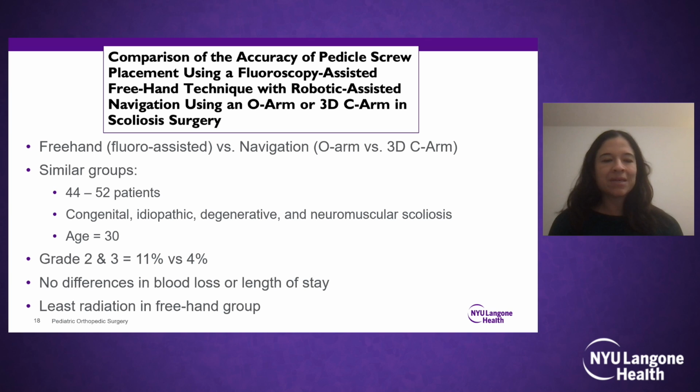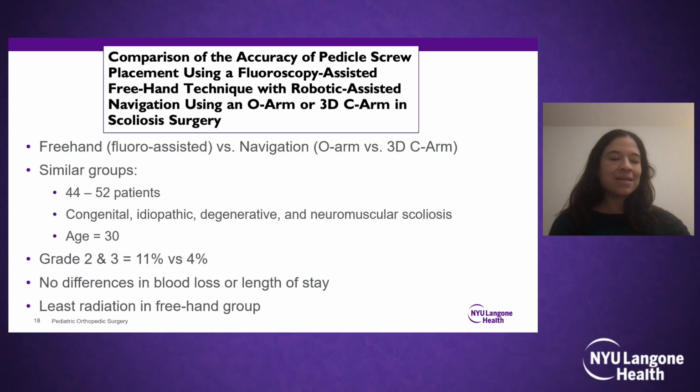And importantly, they looked at a wide range of scoliosis patients from different etiologies. And they found that in general, there's really no difference in terms of the blood loss or the length of stay of these patients, but they did see better accuracy in the navigated screws.